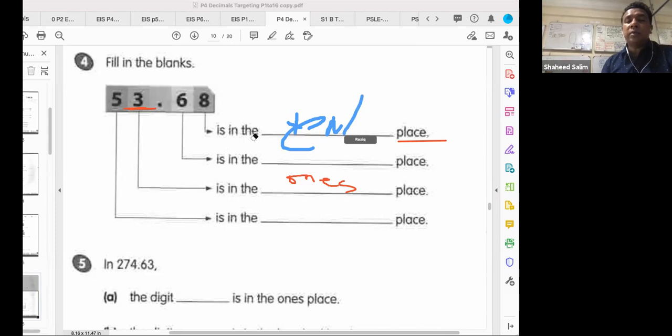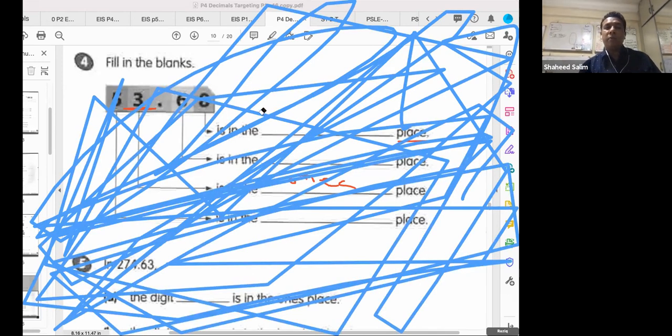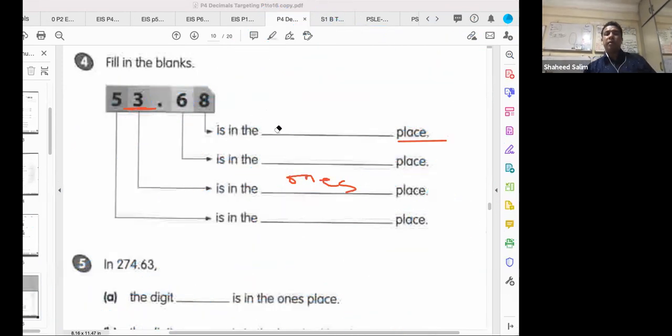Down here, this is not 10. 10 is number 6. Because ones, tens, hundreds. Get it? So number 8 is in the hundreds place. 6 in the tens place. 3 in the ones place. And 5 in the tenths place.